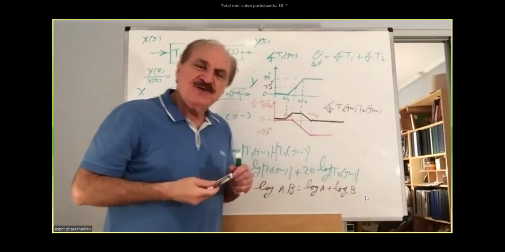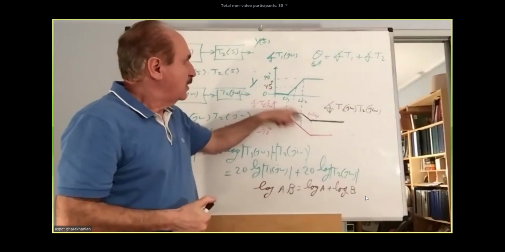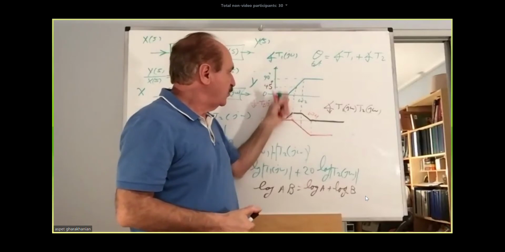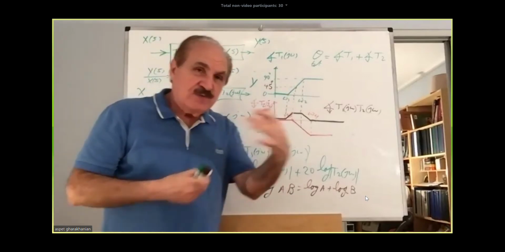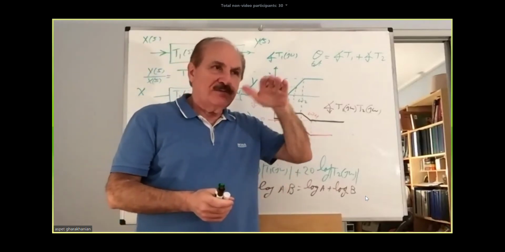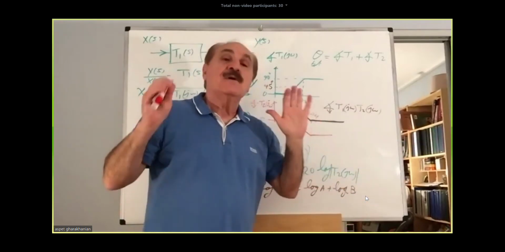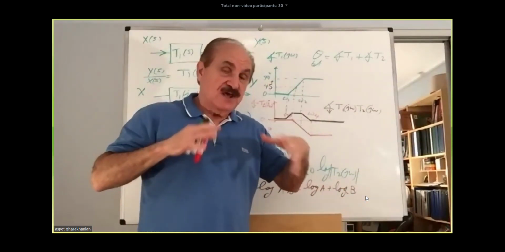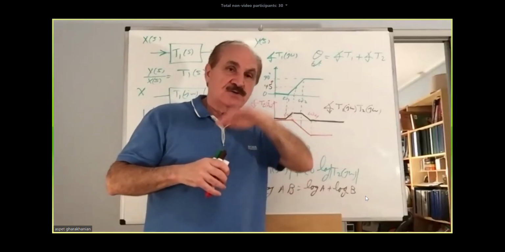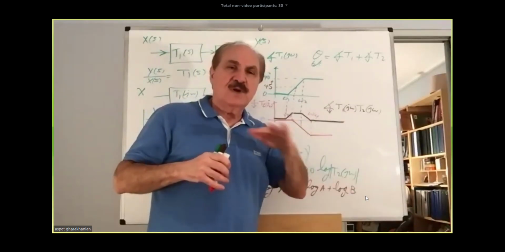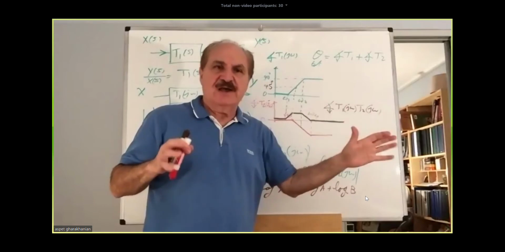So this particular combination of the transfer functions with their responses is creating a predictable overall phase angle. I promise you that you need this intensely in control engineering when you start doing the real design of frequency compensation.